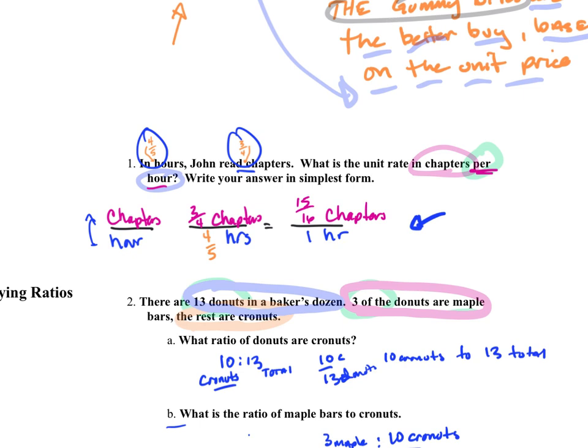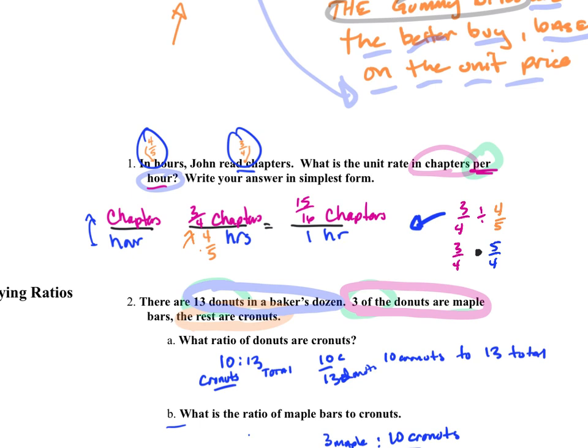So if I look, what this means is, and we've talked about this being a complex number, right? So what we're going to do is say this is 3/4 divided by 4/5, which means we're going to take 3/4 times 5/4 because we multiply by the reciprocal, right?